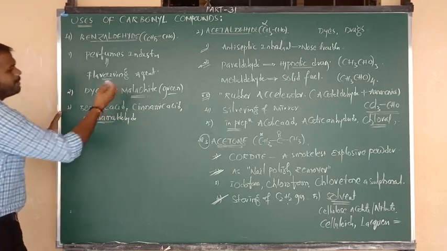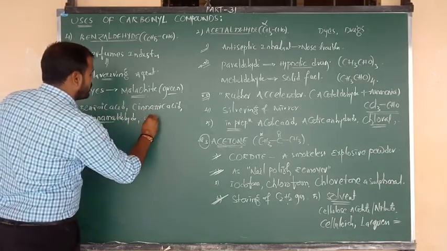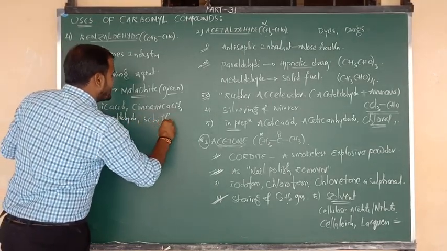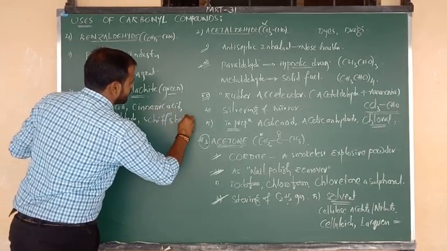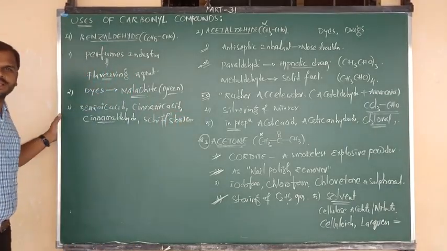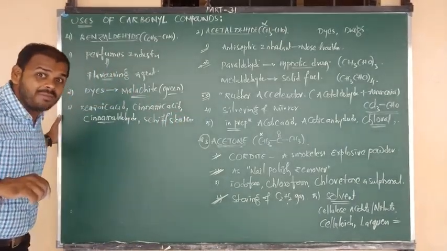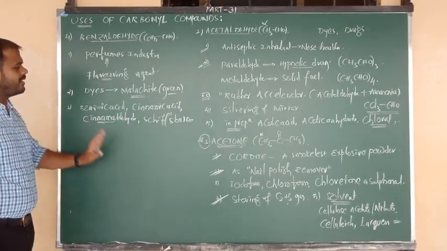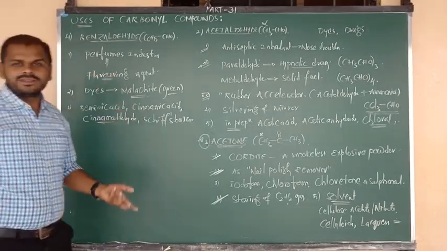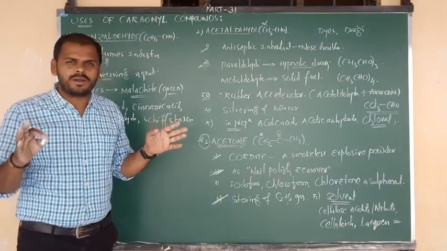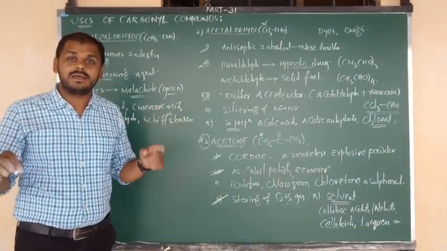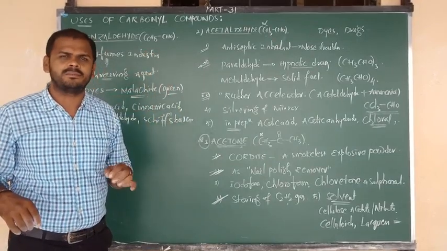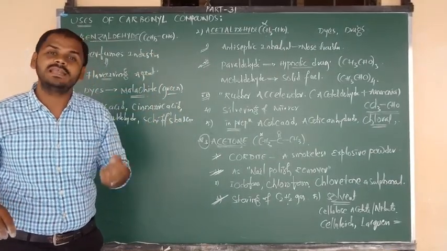And benzaldehyde can also be used in the manufacturing of Schiff's bases, or substituted amines, on reaction with primary amines. Okay beta? And you should know one thing clearly: aliphatic and aromatic, all types of aldehydes are positive for Tollens test, meaning you will get the silver mirror.